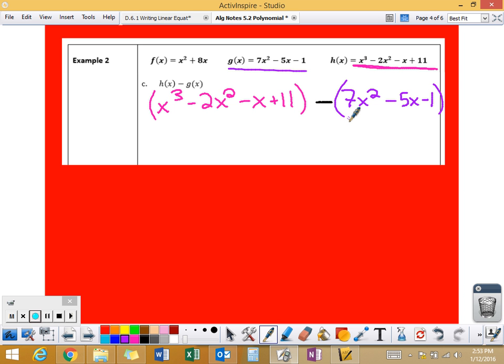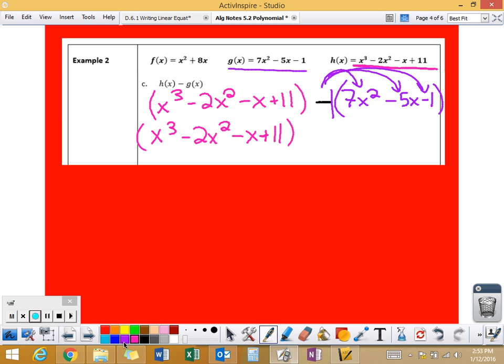Okay? Again, like last time, the first step of the subtracting problem is going to be distributing that -1 to each thing in the parentheses. Okay? Again, that doesn't change my first set of terms. So it's x to the third minus 2x squared minus x plus 11.